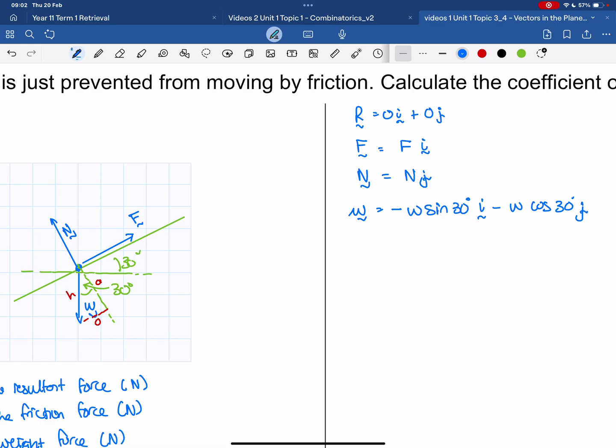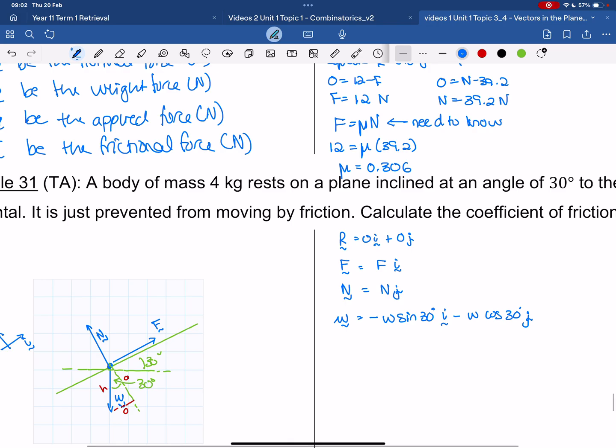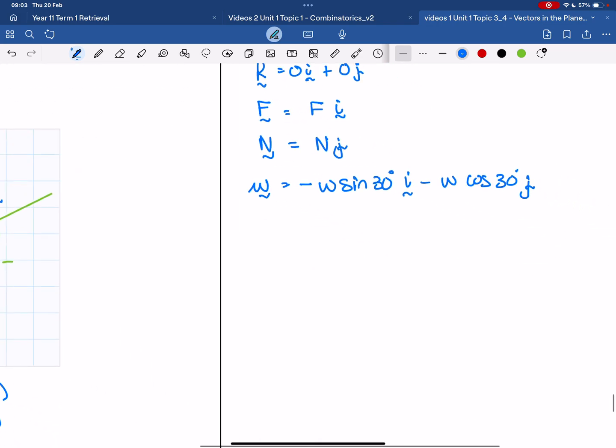Now remember that W is mass times gravity, so that's 4 times 9.8. So we're going to have negative 4 times 9.8 sine of 30 i minus 4 times 9.8 cos of 30 degrees j, and that 4 times 9.8 was 39.2.